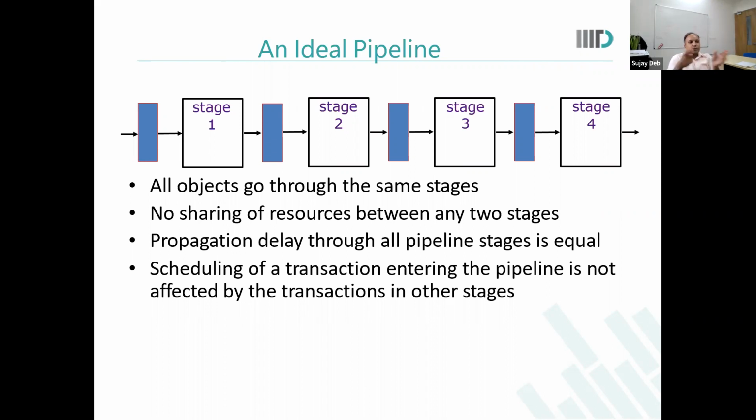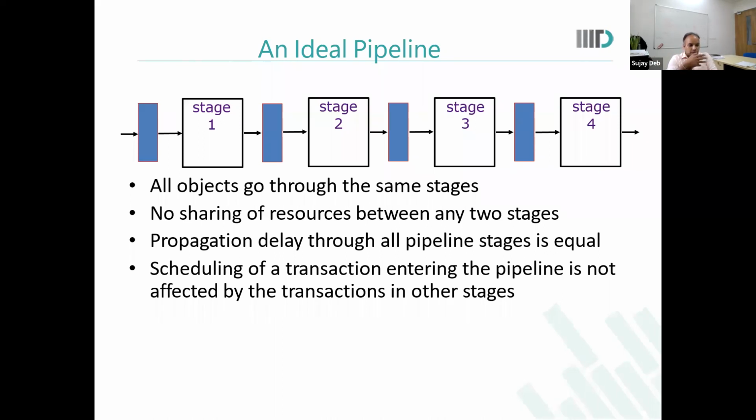You have several stages in the pipeline. All the objects, whether it's a car or some other thing which needs to be manufactured through this process, go through the same stages. So you can't skip any of the stages. Also, you do not share any resource between any two stages, because if you share a resource and it is not available, then you will be stuck and can't move forward.